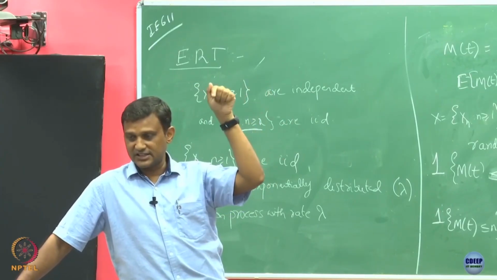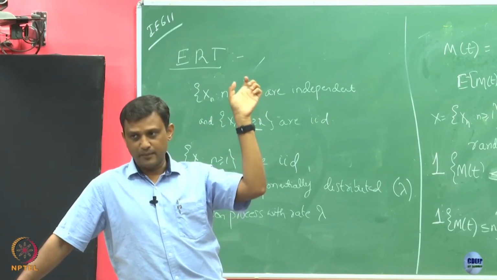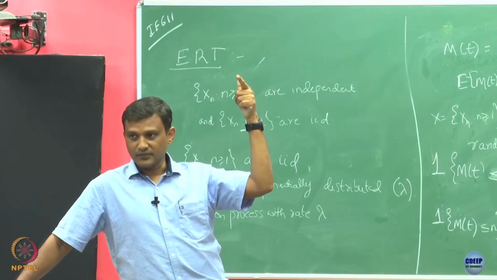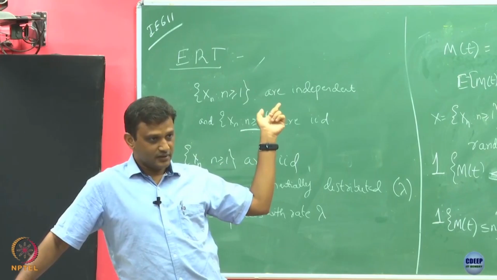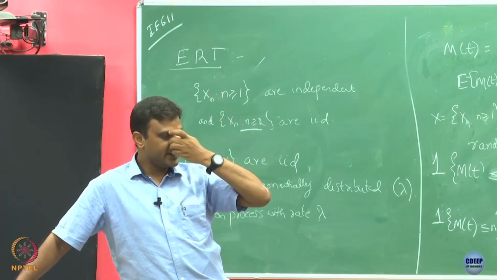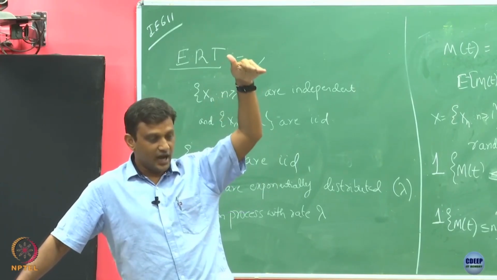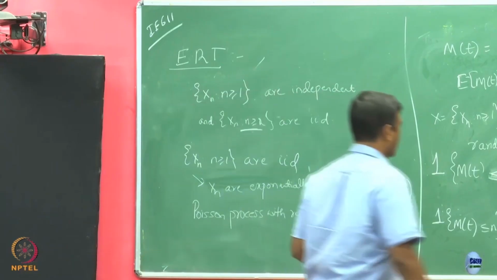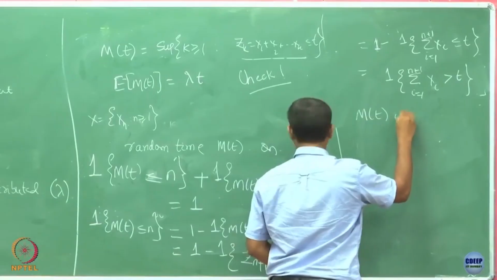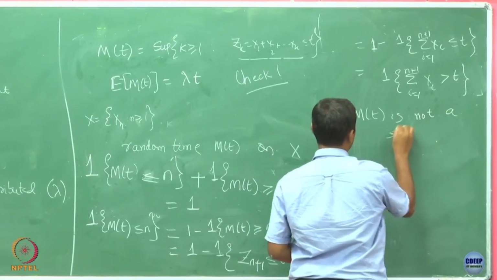Had the n plus 1th also been completed in the interval 0 to t, then m of t would have taken the value n plus 1, right? It would have been greater than n. So if m of t has to be less than or equal to n, it must be the case that the n plus 1th renewal completes after time t. So that is exactly what it is capturing. So because of that, m of t is not a stopping time.